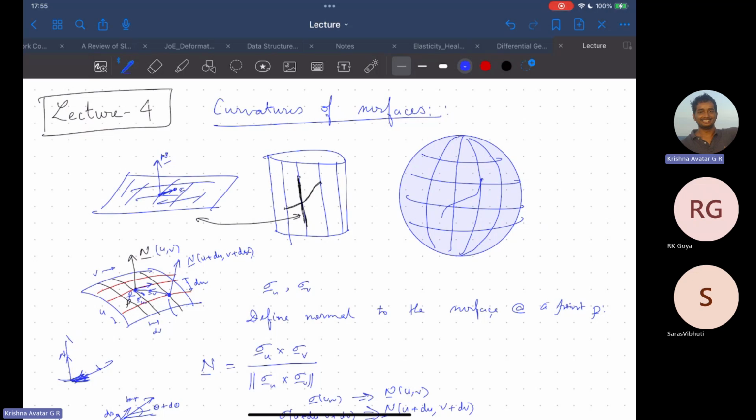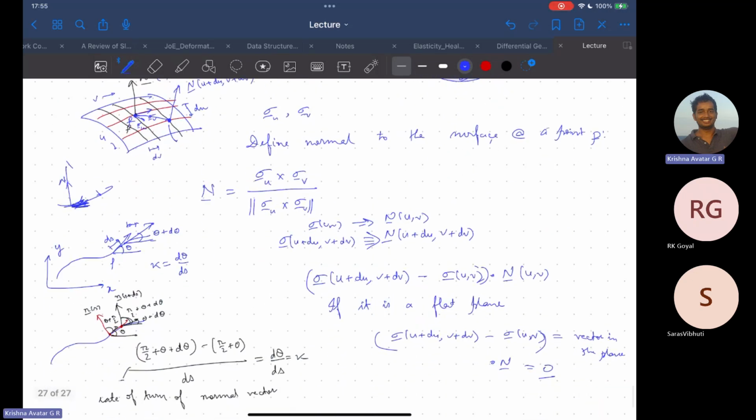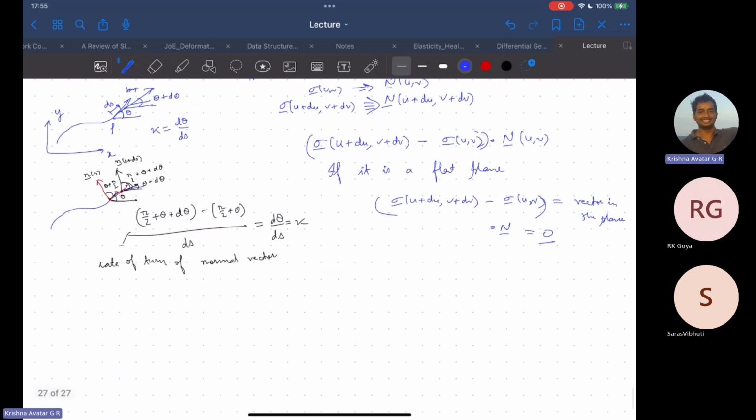You are always maintaining 90° with respect to the normal vector along any local excursion from this point. In a general surface, however, sigma(u plus du, v plus dv) minus sigma(u, v) dot n is not going to be 0, because in a general surface you will always have some curvature.